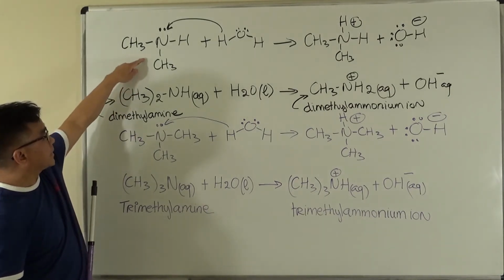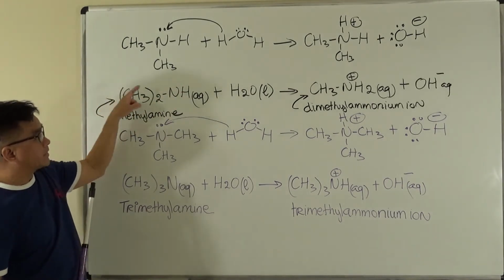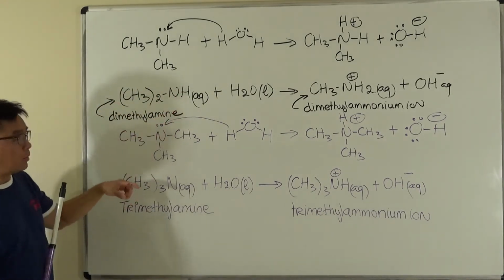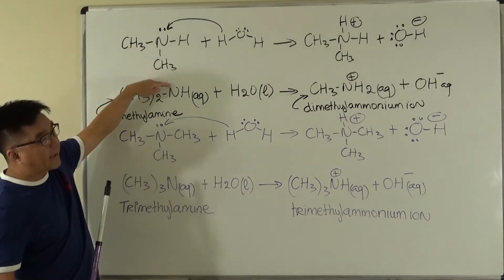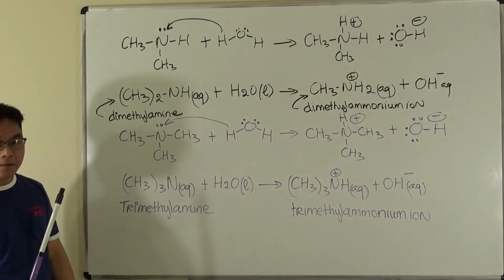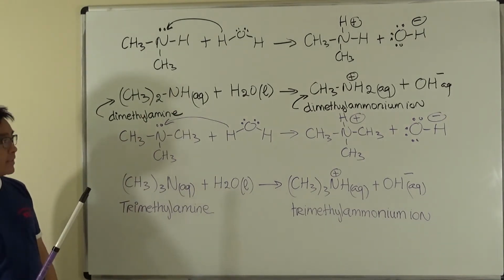This is the expanded structure, and usually it is written in this way as a condensed structural formula. Usually that lone pair of electrons on the nitrogen is understood to be there. It's usually not written or indicated, but you have to know that it's there.